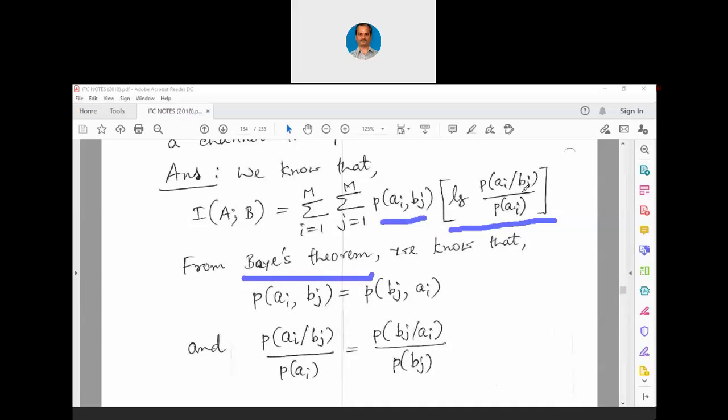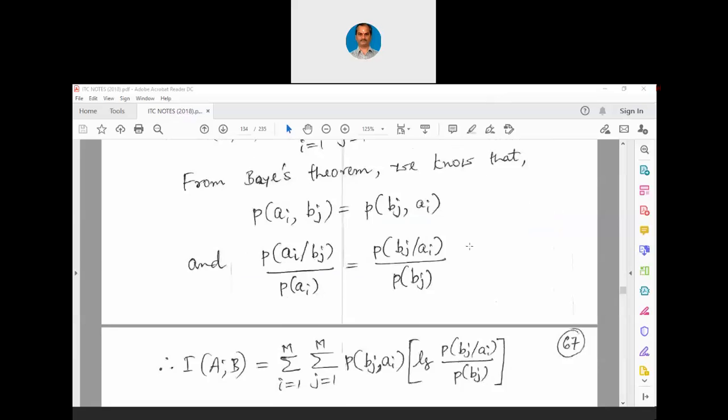Log has only a functionality. Logarithm is a function for a given value. So log has nothing called symmetric and asymmetric nature. And the joint probability itself is also symmetric. So ultimately, mutual information is symmetric. We will see that now.